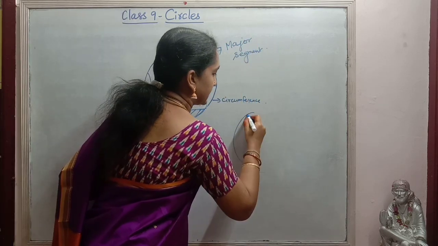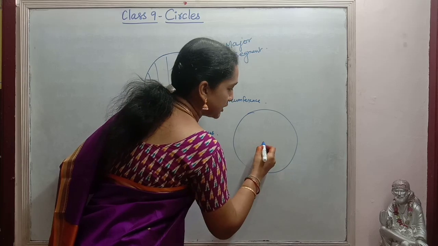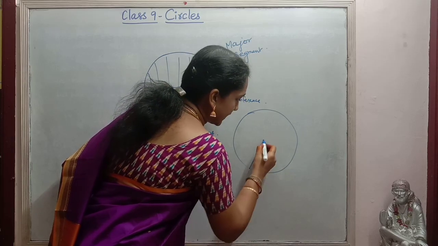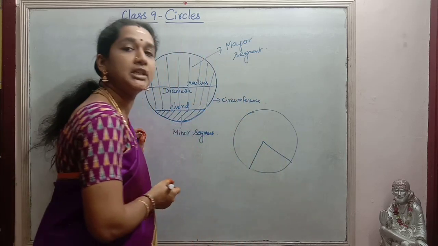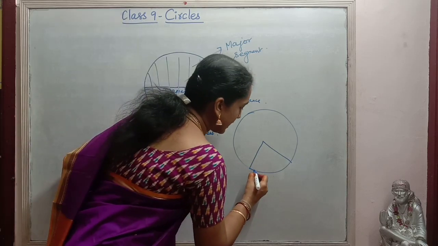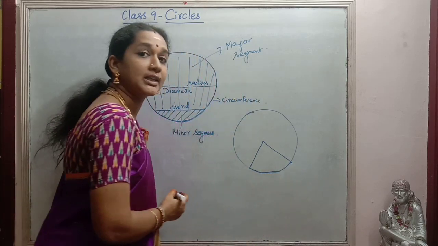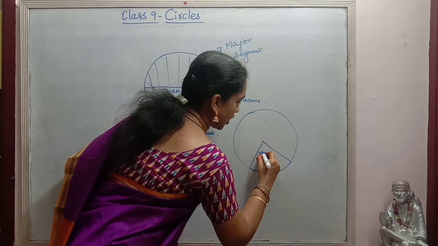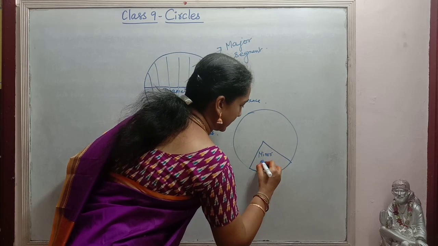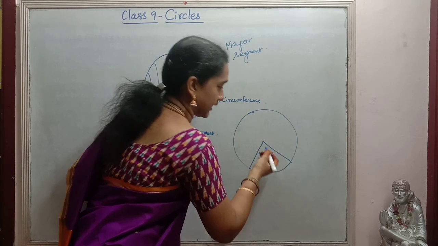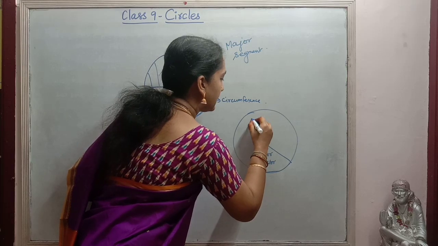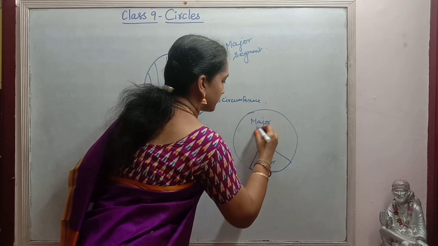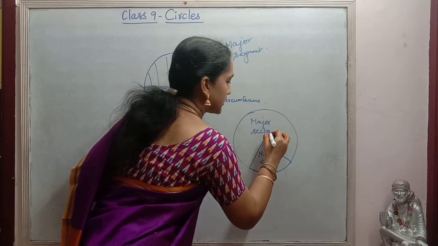If we take a circle, the space between the two radii and the arc is called the sector. So this is called the minor sector, and this one is called the major sector.